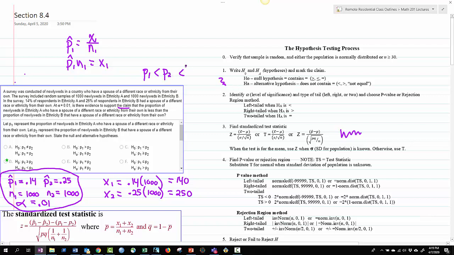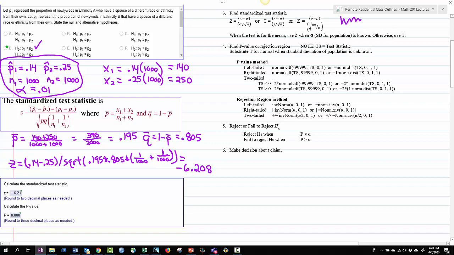This is the claim. There's no equality there, right? So that means this is the alternative. The null then will have the complement of less than, which is greater than or equal to. And you'll see right here, that's what we have there.